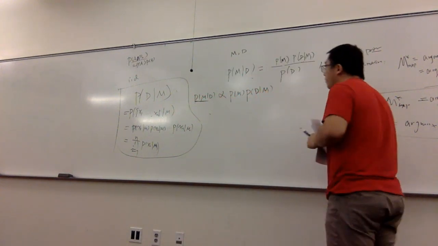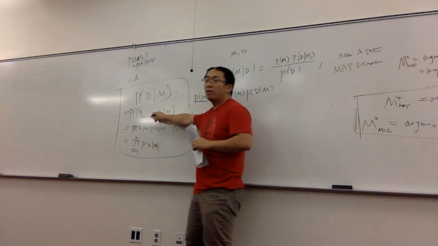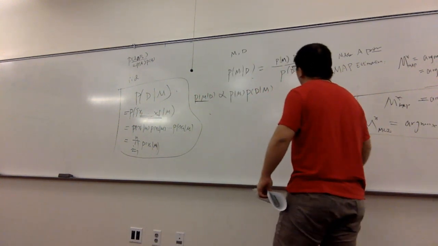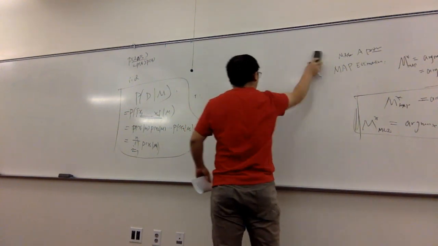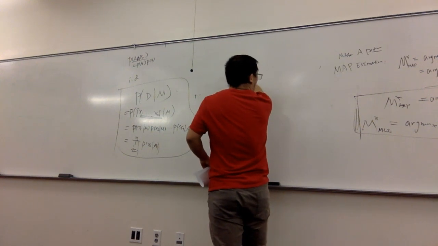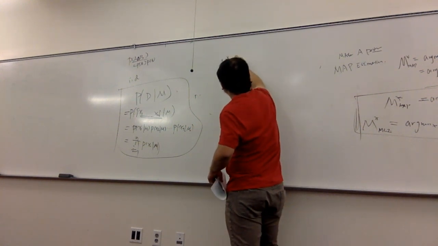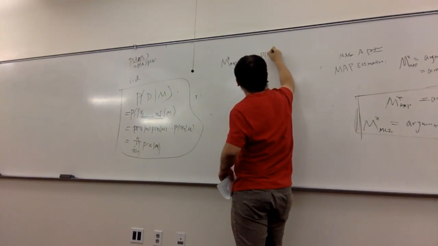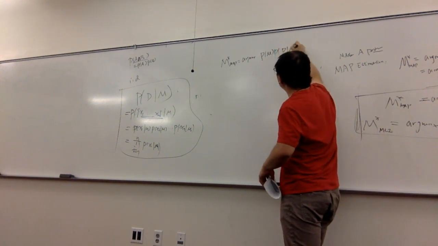Now let us consider that our observed data is a set of data points x1 to xn. If we want to do the maximum a posteriori estimation, we copy it here: that estimation would maximize the prior of M, P(M), and the data likelihood, P(D given M).